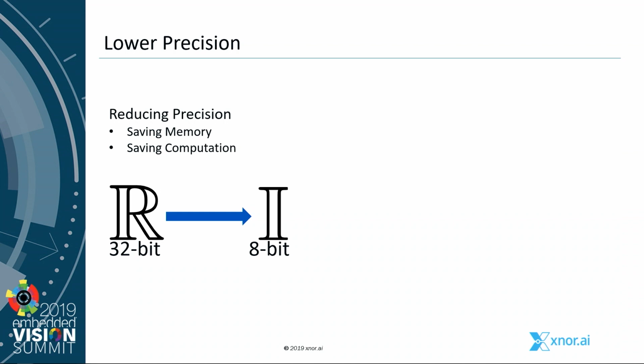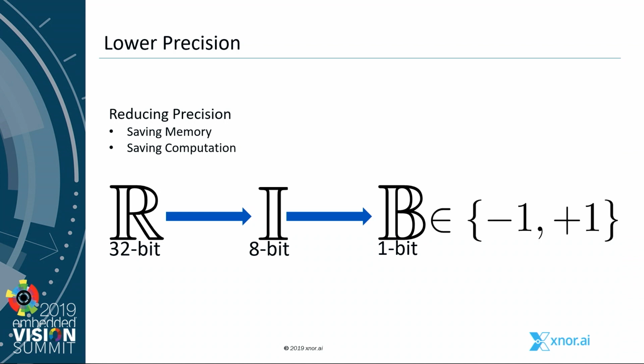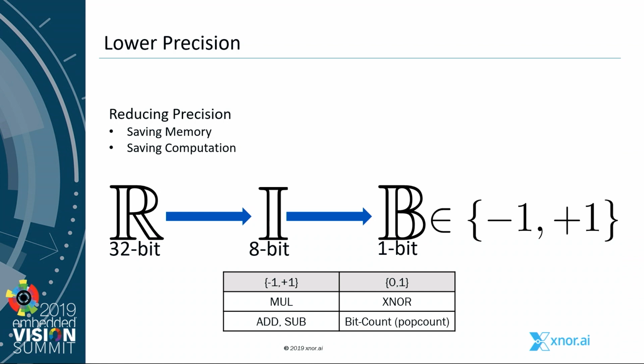But what if we take this to its extreme scenario when we reduce the precision to a single bit? In this case, we represent this with -1 and +1. If we do that, then all the arithmetic operations can be converted to logical operations. For example, the multiplication can be converted to Xnor operations, and all the addition and subtraction become a simple bit count, known as pop count in the hardware.